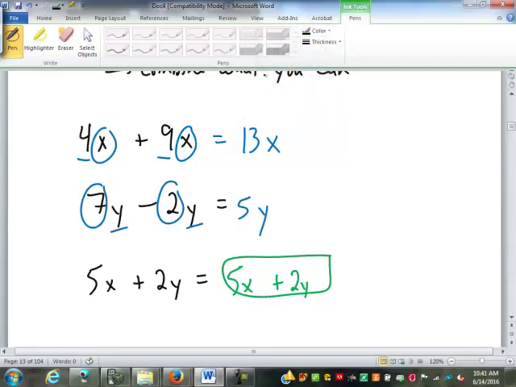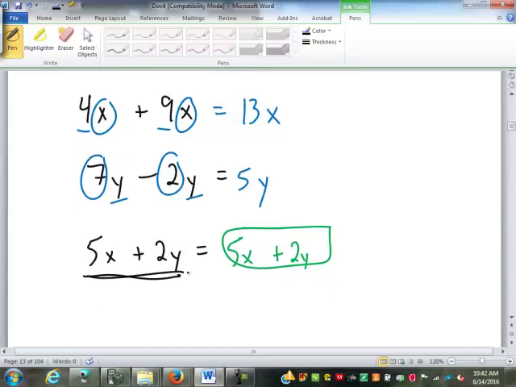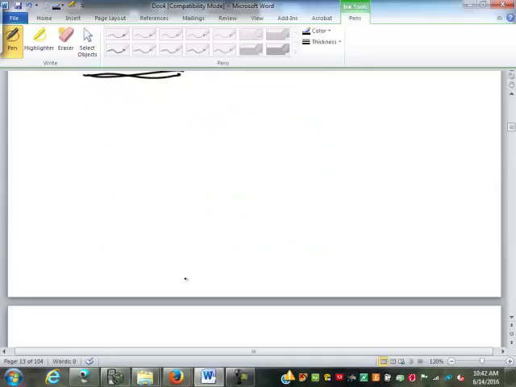Now just because there are different names or different variables in a problem does not mean we can't simplify at all. In this case we couldn't. There was nothing to change, nothing to combine. But we might have something like this.